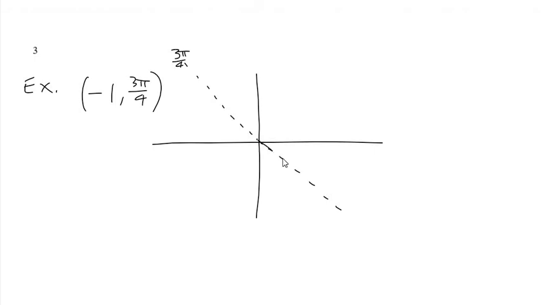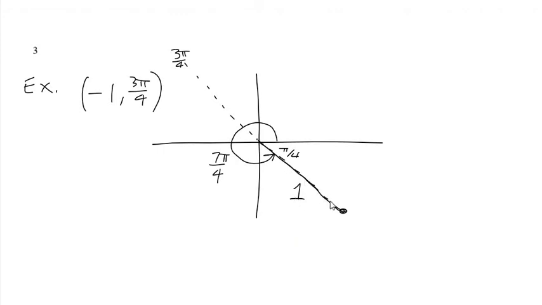So we're going to go 1 unit in the opposite direction from 3 pi over 4. And what angle is that? What angle is opposite from 3 pi over 4? Well, this angle right here in the middle of the 4th quadrant is going to be 7 pi over 4, isn't it? It's going to have a pi over 4 reference angle.